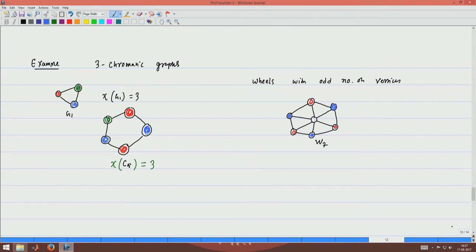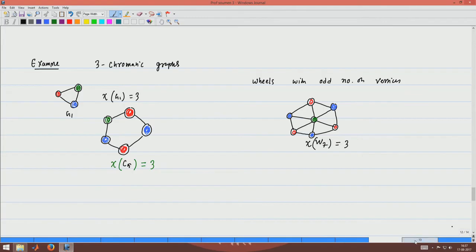But now for the central vertex, you can't use red or blue, you have to go for the third color, green. So, that is why the chromatic number of W7 is equal to 3. Okay.